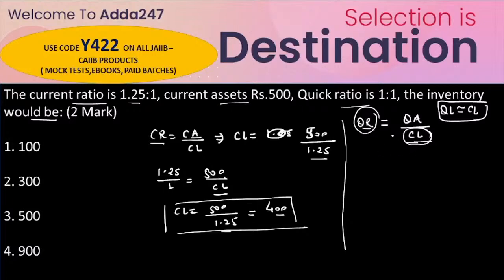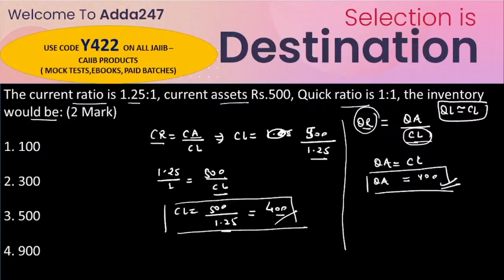Fine. After that, the quick ratio is given as 1 to 1, that means quick assets should be equal to the current liabilities, and the current liabilities are given as 400. So from here you get quick assets equal to 400 rupees.